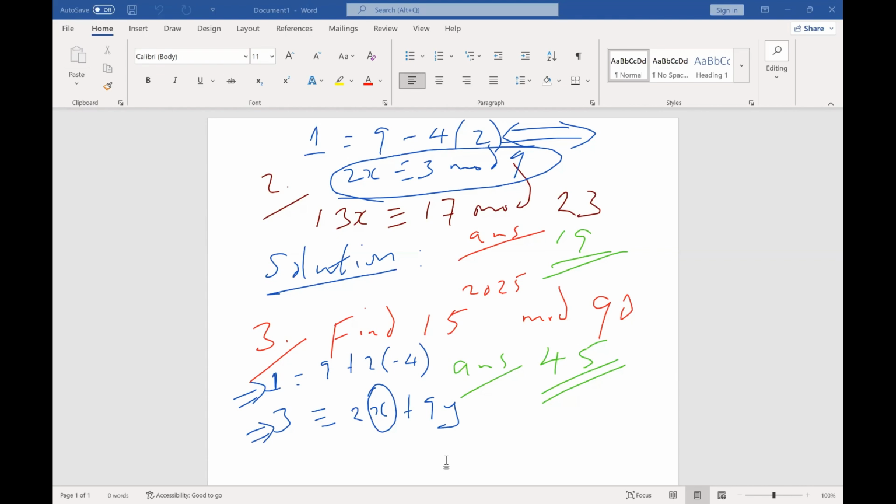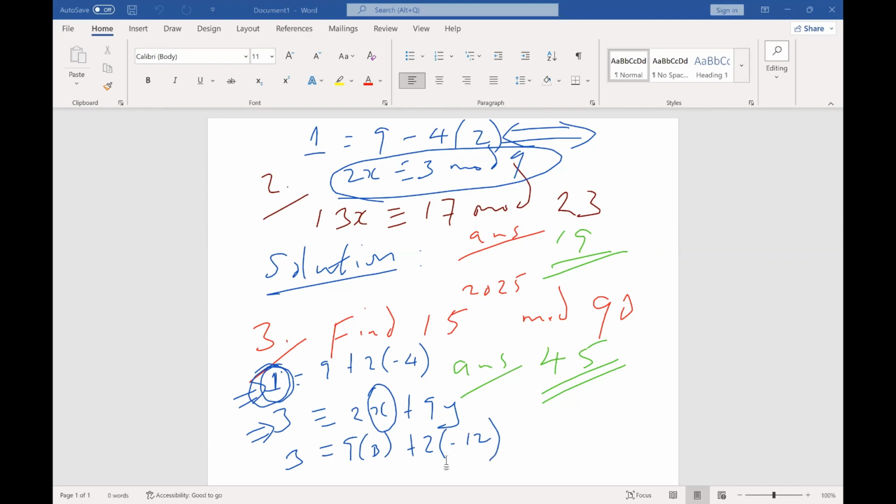So we want a 3 here. To get a 3 here, we multiply the entire equation by 3. So you get 3 is 9 multiplied by 3 plus 2 multiplied by -12.